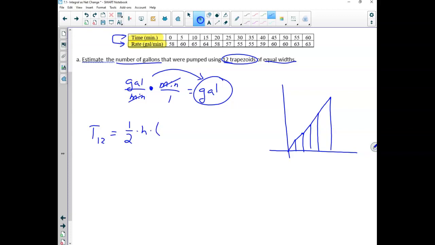And that's where we took our first one, our y sub 0, plus 2 y sub 1, plus 2 y sub 2, plus all the way down to 2 y sub n minus 1, plus y sub n, because we only used that first leg once, but each leg beyond that was shared by different trapezoids.